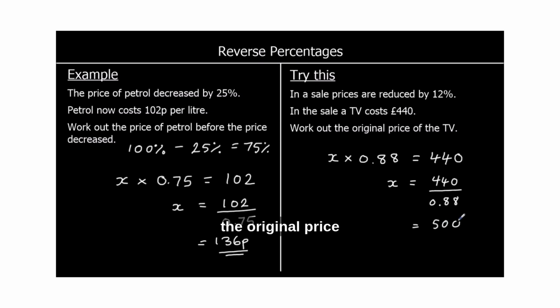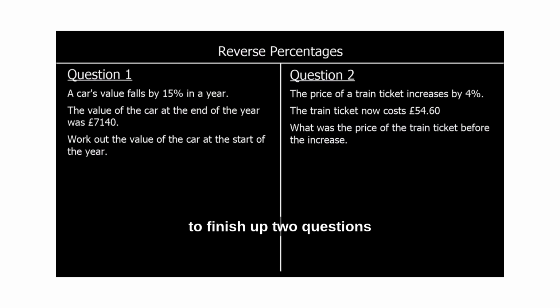So the original price of the TV is £500. If we've got £500 and we take off 12%, we get £440. Okay, to finish up, two questions. Pause the video, give them a go, and press play when you're ready for the answers.